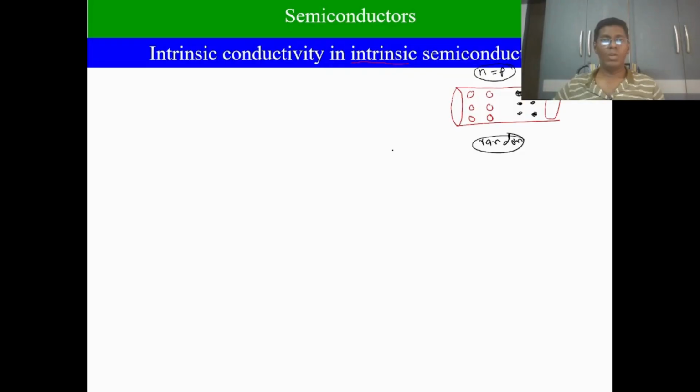Now to know the equation for the intrinsic conductivity, let us subject this semiconductor to some external electric field. I am going to apply an electric field externally. Capital E is the electric field applied to the intrinsic semiconductor. Because of the applied electric field, the semiconductor contains a number of holes and a number of electrons.